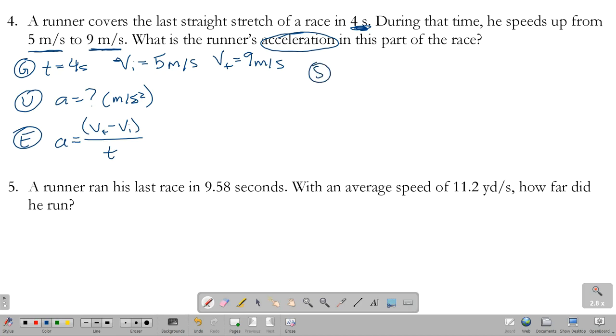So when we go to plug everything in here, the acceleration will be equal to the final speed, 9, minus the initial 5 meters per second, over 4 seconds. So when you solve this, you should get 9 minus 5 is 4, so 4 divided by 4 is 1 meter per second squared.